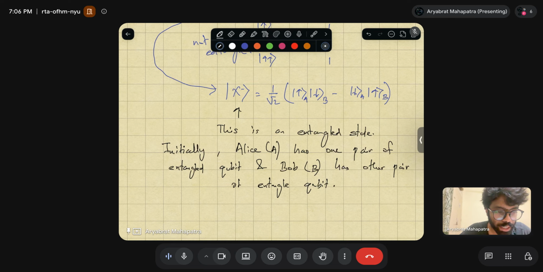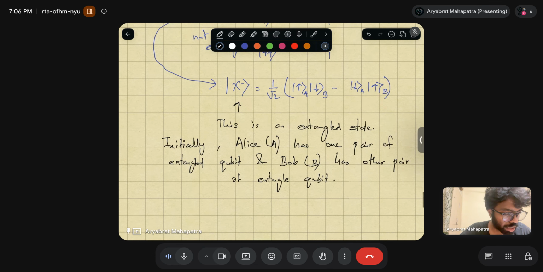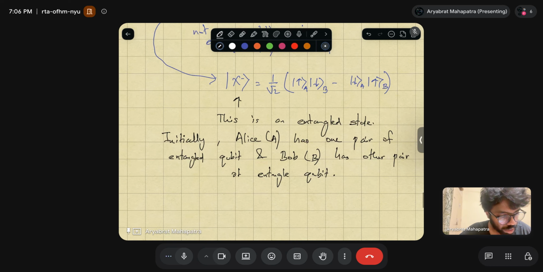As I said at the beginning, if one of them makes a measurement on their respective qubit, the other one will eventually get to know without measuring it. That is the catch here. When I say Alice has one qubit, it means she would have either this or this, and Bob would have either this or this with him.